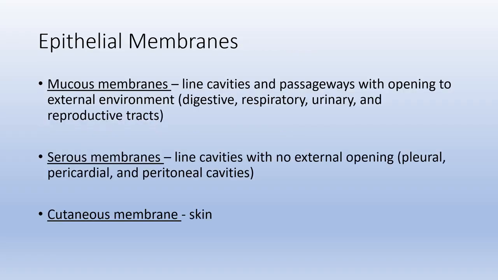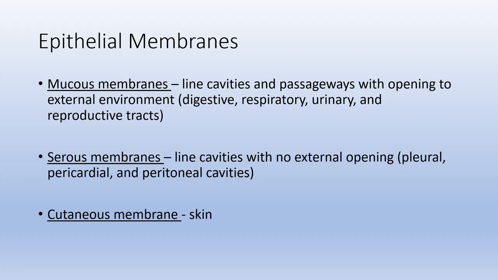The 3 main categories or types of epithelial membranes are your mucous membranes, serous membranes, and cutaneous membrane. Mucous membranes are going to line cavities and passageways that have an opening to your external environment. So there's an opening to the outside. So things like your digestive tract, your respiratory tract, urinary and reproductive tracts, all of those have openings to the outside.